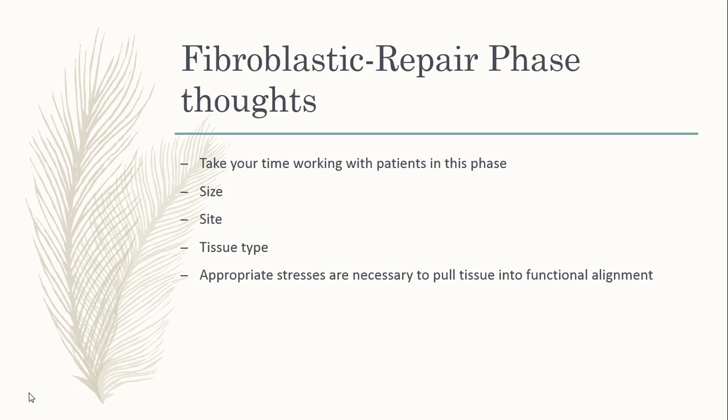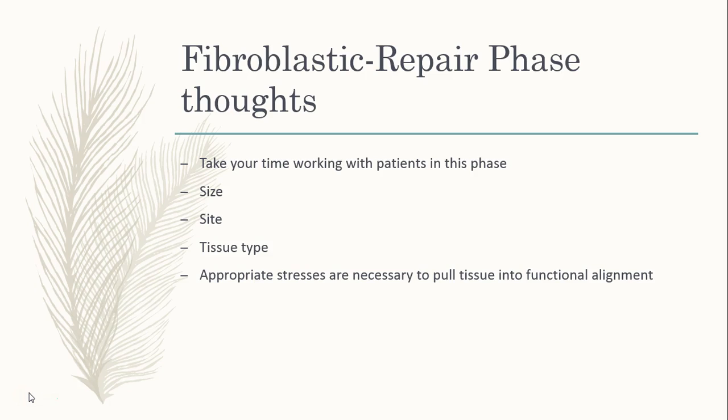It would be hard to see it, right? And you'd have to worry about friction and things like that. So you need to be concerned about where the injury is, where the surgery is, how large it is, what part of the body it's on, okay? And the different types of tissue in the body. So ligaments tend to heal a little differently than muscles do, and a little differently than tendons do. So you need to be aware of that.